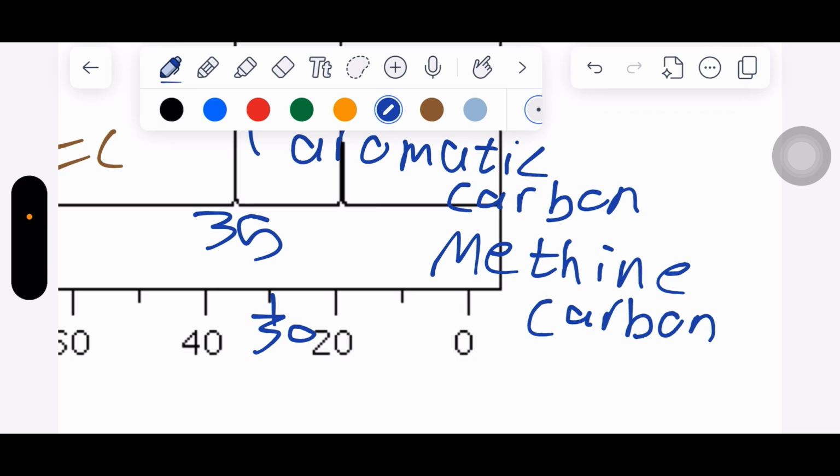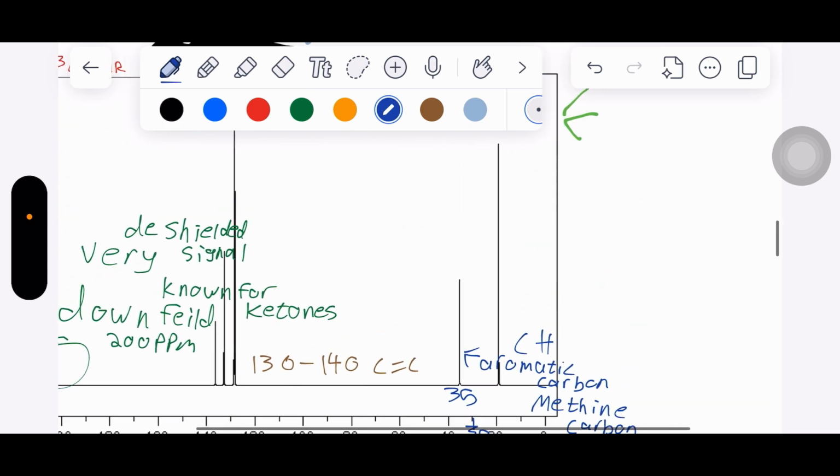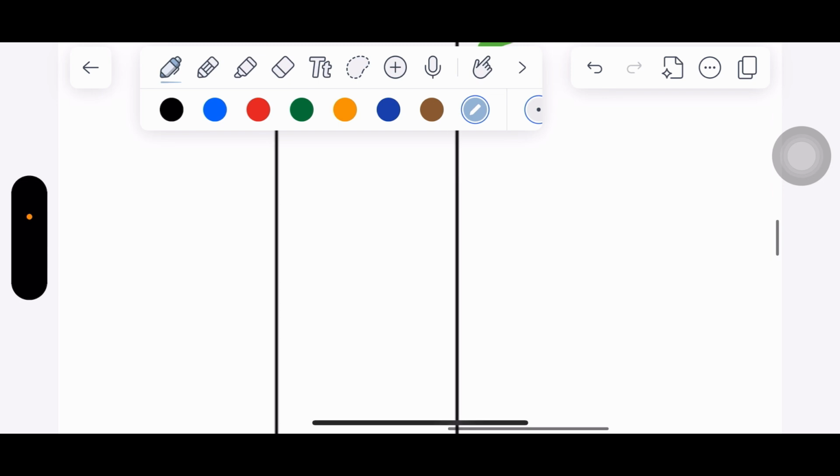Lastly, last but not least, the one that came up to me was the methyl carbon, CH3, the 2 equivalent methyl groups. It appears as a single signal, which is right around here.